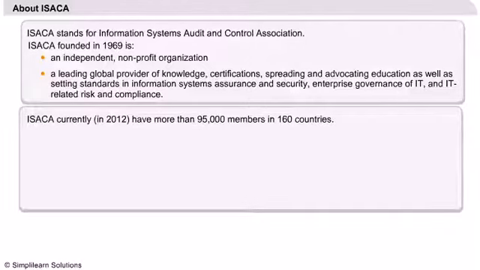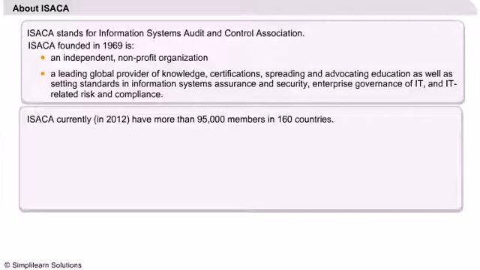ISACA develops and continually updates the COBIT, Val IT, and Risk IT frameworks, which help IT professionals and enterprise leaders fulfill their IT governance responsibilities and deliver value to the business. In the next slide, we will look at the changes in CISM syllabus.